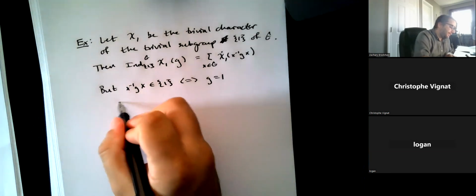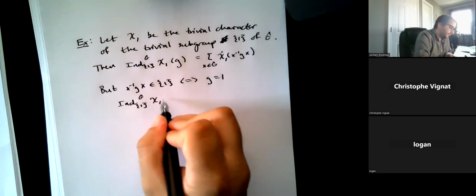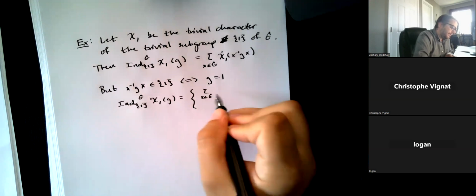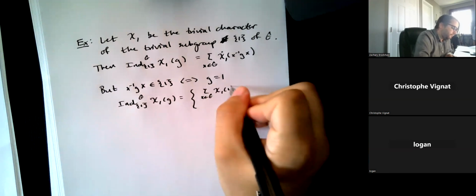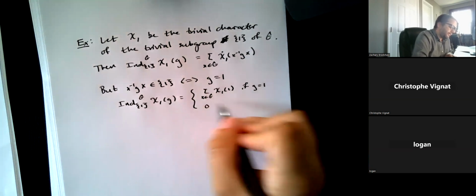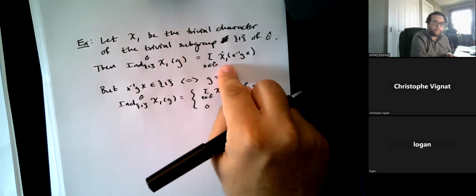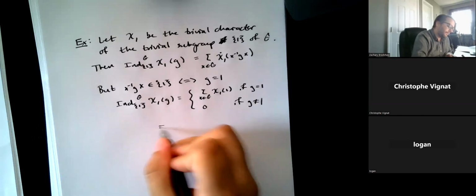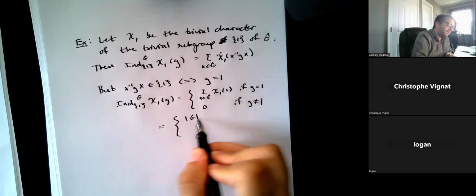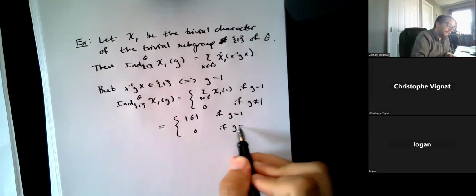So that tells us that this induced map is the sum over x in G of chi1 of 1 if g is 1, or 0 if g is not 1, right? That's the property of the dot map. And chi1 of 1 is just 1, and so this becomes the order of G if g is 1, and 0 if g is not 1.